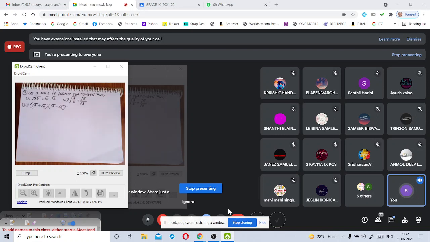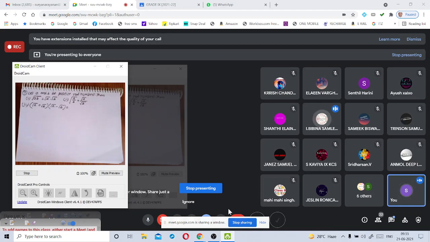What is the formula? Do you remember that algebraic identity, my dear children? x plus y into x minus y is equal to, who will tell the answer? Just raise your hands. Who knows?